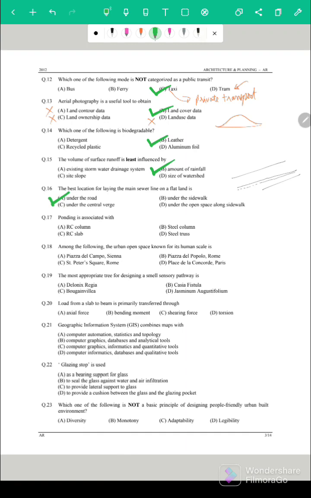Question number 17 is, ponding is associated with. So it is associated with RC slab.